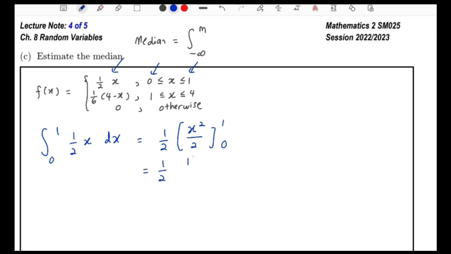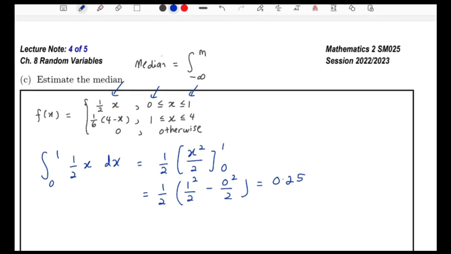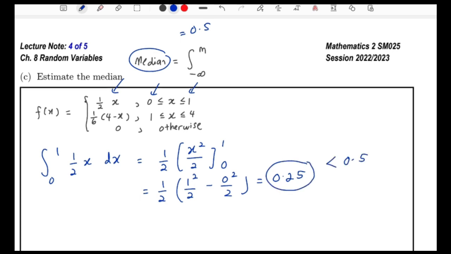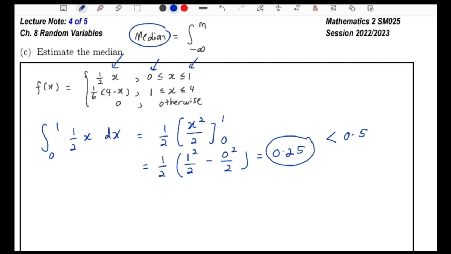Substitute, then I get 0.25. Median means total probability equal to 0.5. Since we get the value here is 0.25, it is less than 0.5, thus the median does not lie on this function, which means median lies on the second function.